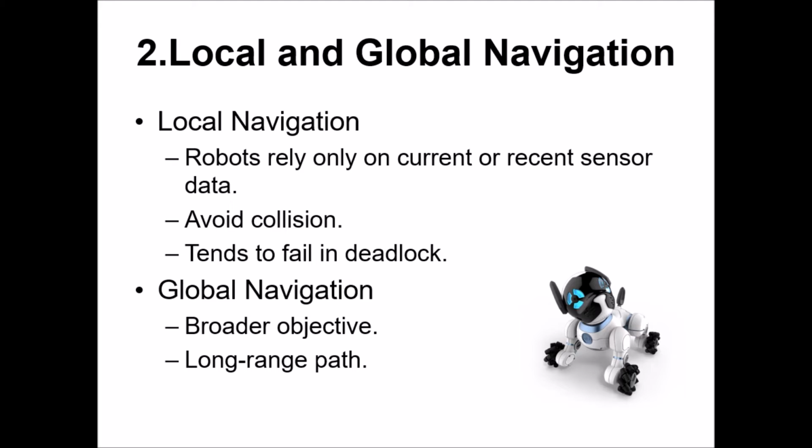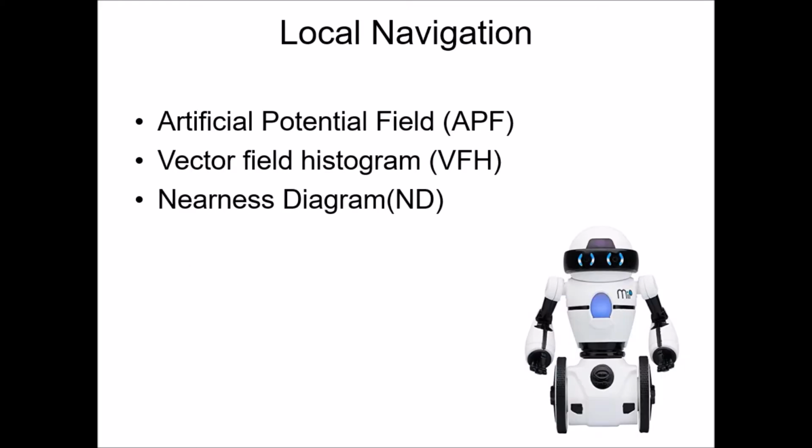However, in practice, usually the global navigation will be integrated with the local navigation, because during navigation some new obstacle may be introduced. Because of that, the robot needs to reroute in order to avoid that particular obstacle, and later on find its way back to the final location of the destination.